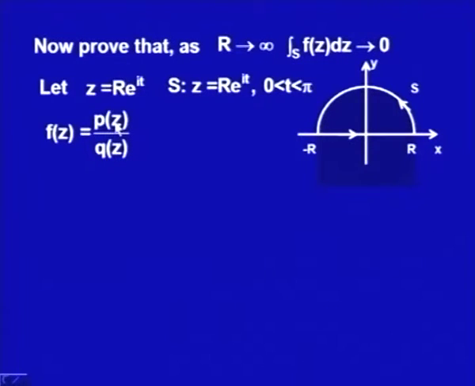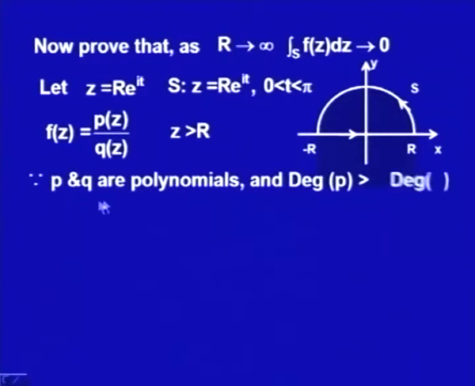We had assumed that p and q both are polynomials, and the degree of q is at least 2 higher than the degree of p.